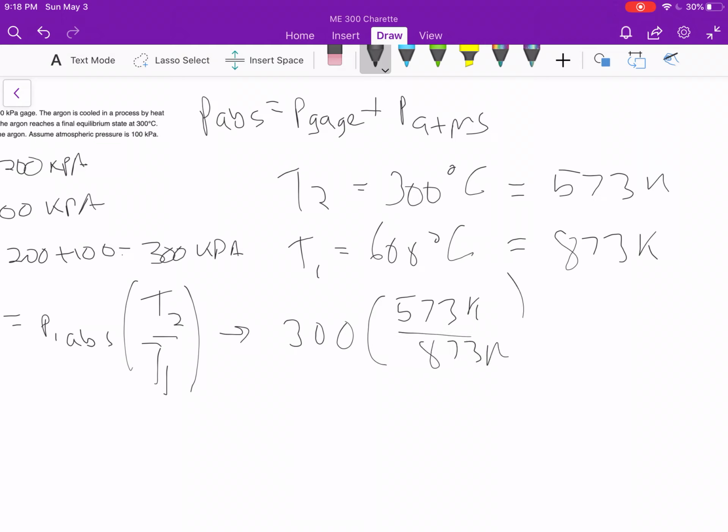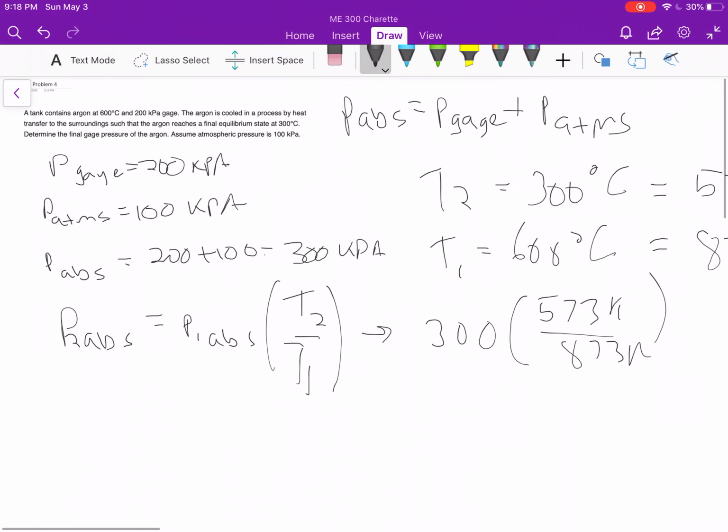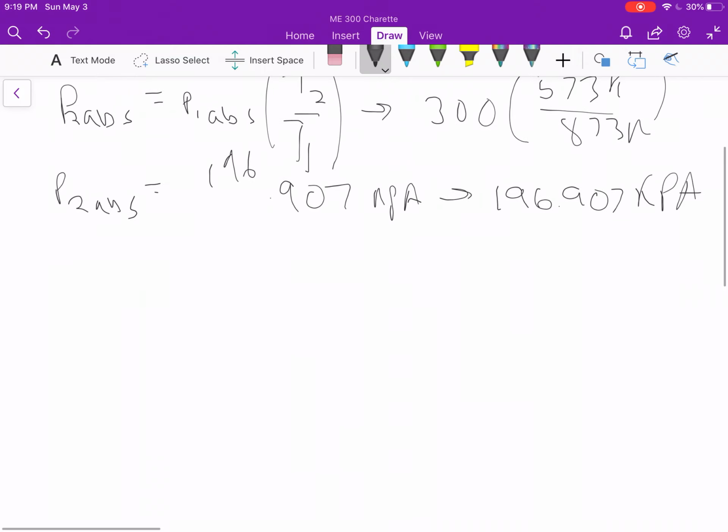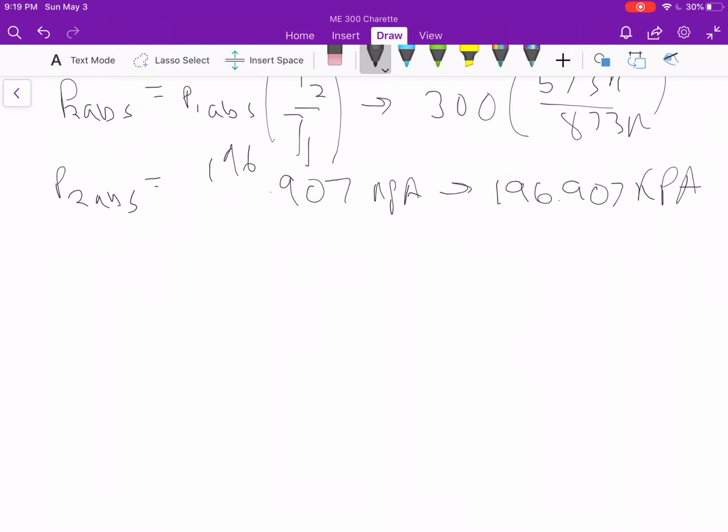Now we know that our P2 absolute is going to be 196.907 kPa.